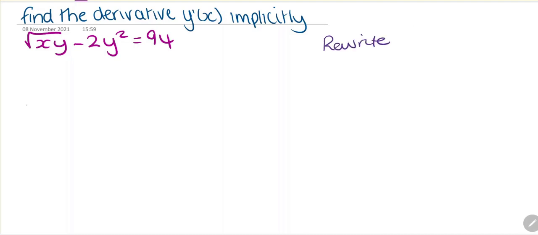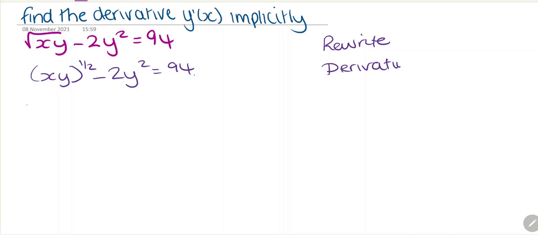Let's rewrite using exponents. So our square root of xy is going to be xy to the half. We just write the rest of the equation. So we need to differentiate, so we're going to take the derivative of both sides.